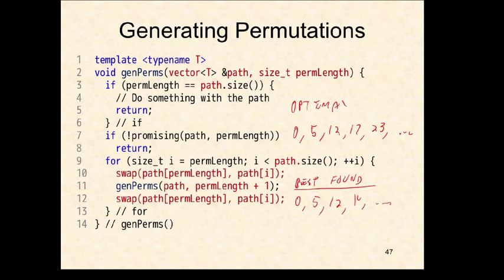At some point, you were here, and promising said false. Because you found the 14, it was okay, but you never found 17 in that position. At some point, 17 was there, and you said prune it.